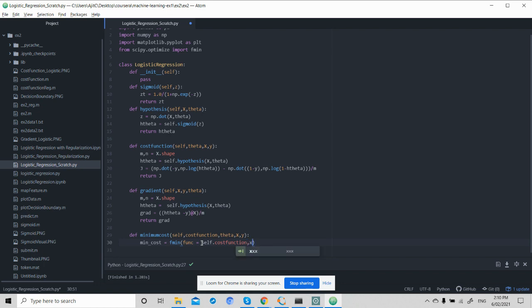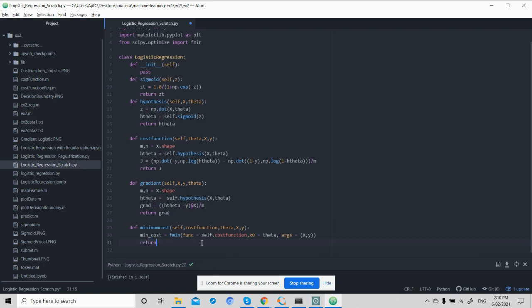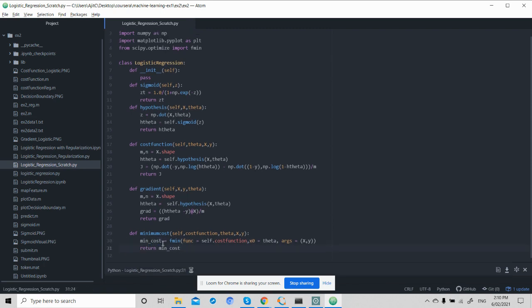Our initial theta x0 is equal to theta, and our arguments are x, y. So let's call this equation.